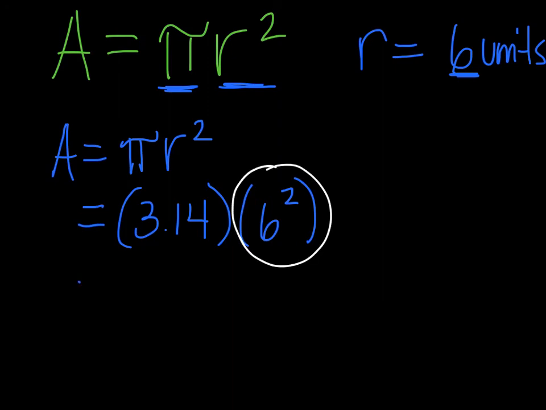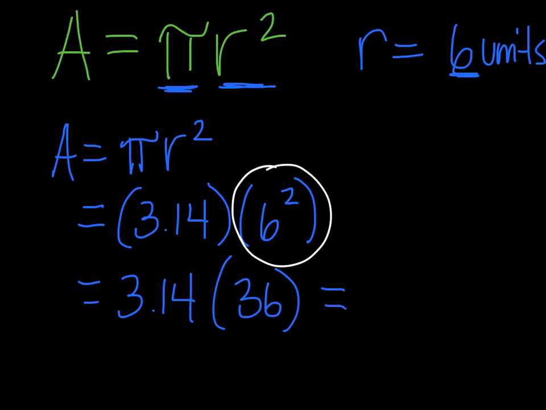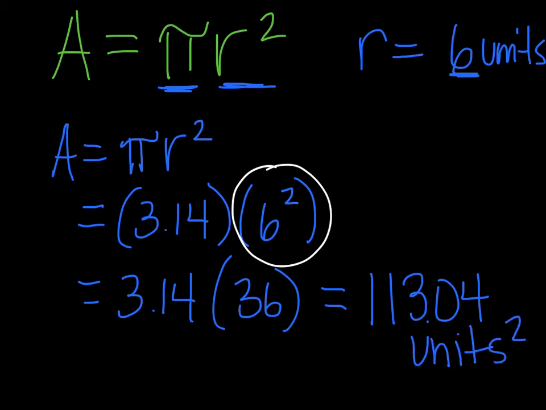So I have 3.14 times a square that is 36 units. Then we multiply and we get 113.04 units squared. That's the area. So literally that means it would take 113 and 4/100 squares to cover this particular circle.